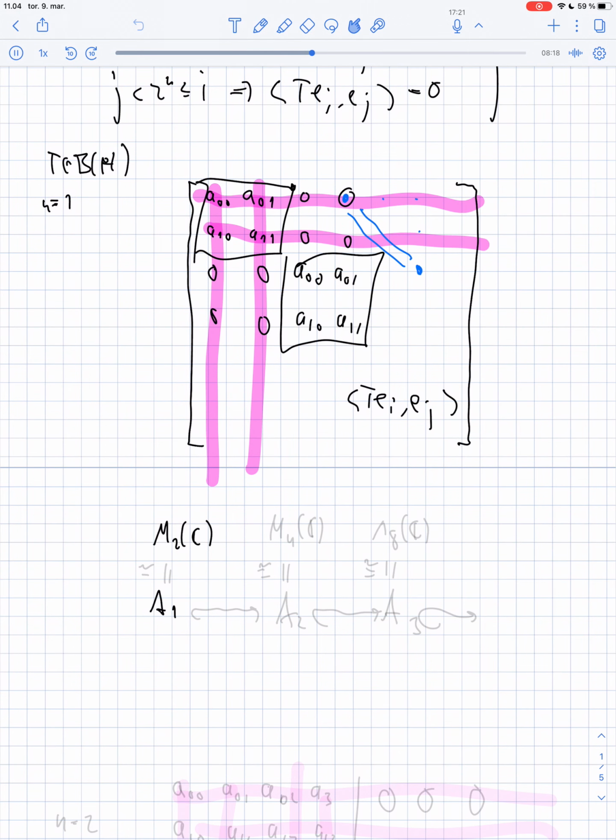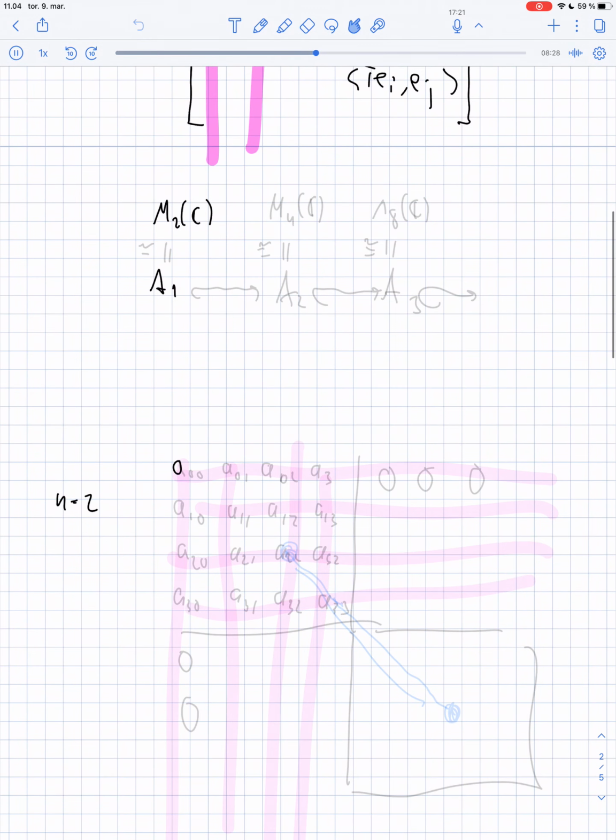But then you can ask, what happens when we do this again with n equals 2? So maybe I'll just draw this here again. If I have n equals 2, then the situation is that I will have this time 16 numbers, so maybe I will not write them all. A10, A11, A12, A13, okay, I'll write them all.